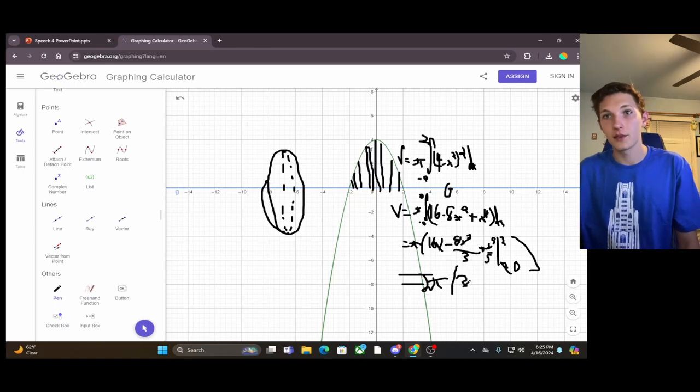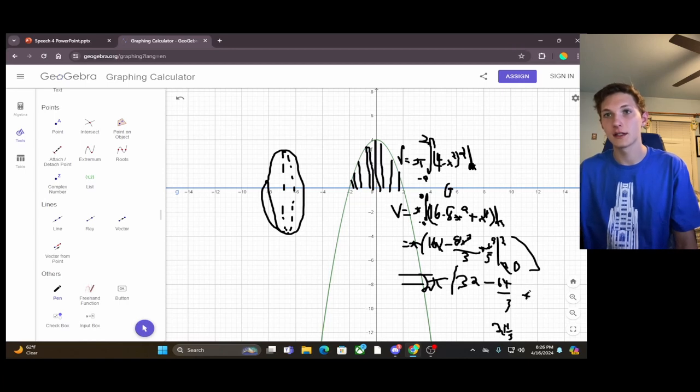So we have 32 minus x cubed, which is x cubed times 2. No, 2 cubed, 8 times 8, 64 over 3. So that's 21 and a third.